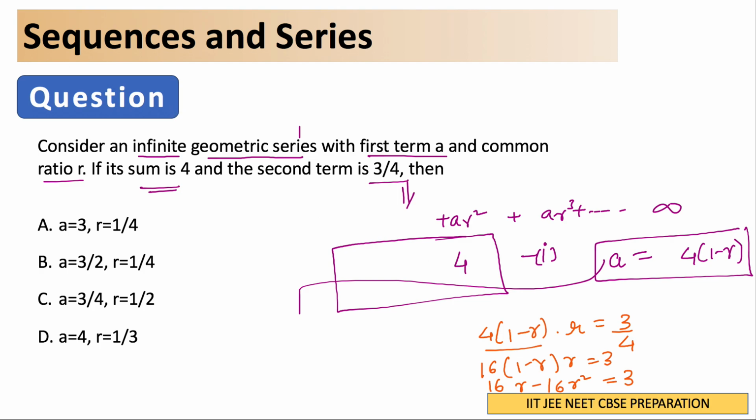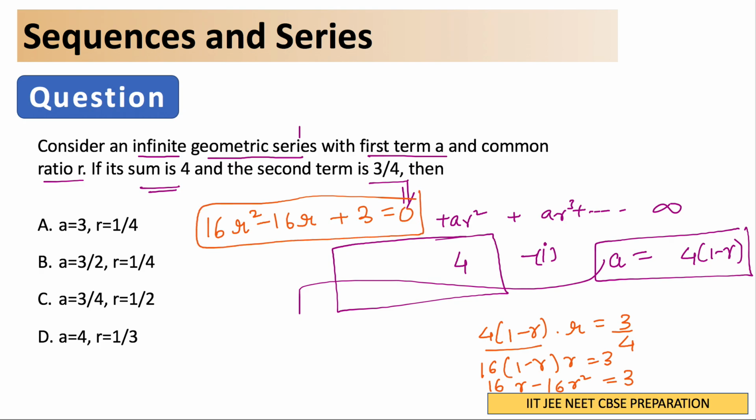So the equation will be 16r square minus 16r plus 3 is equal to 0. So this is the quadratic equation we have in r.